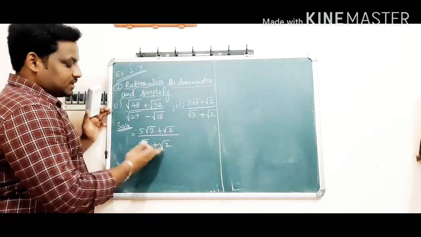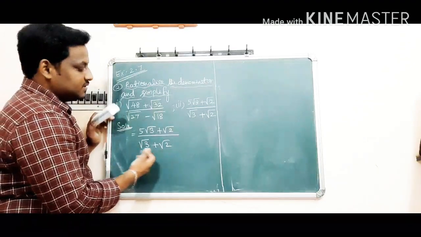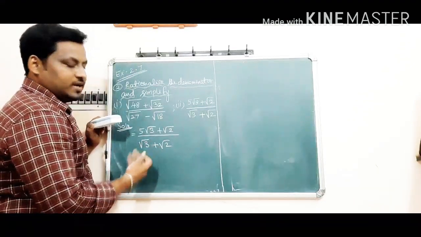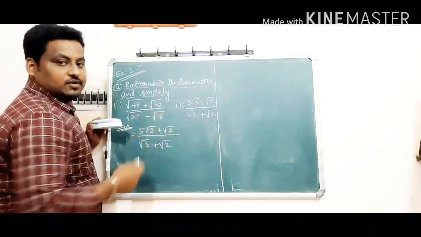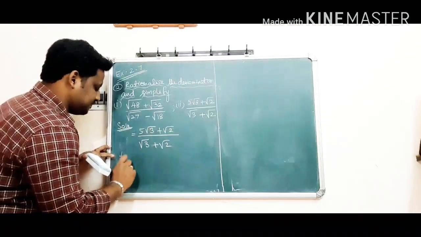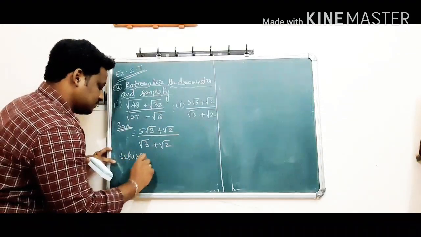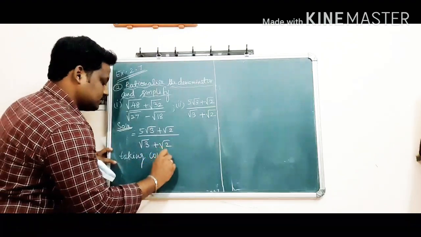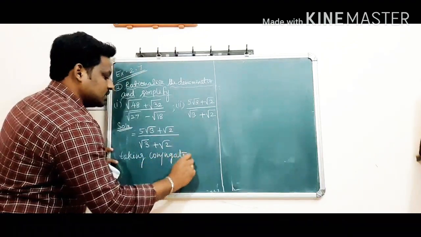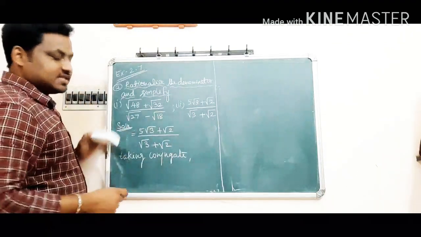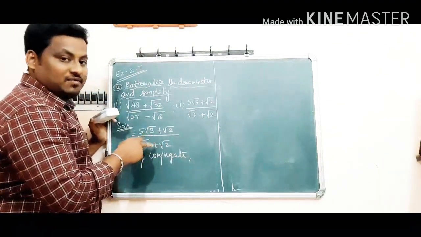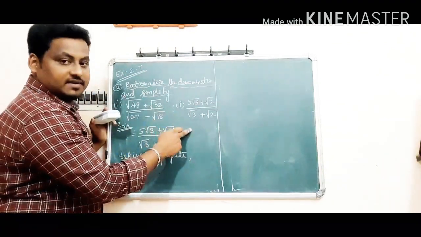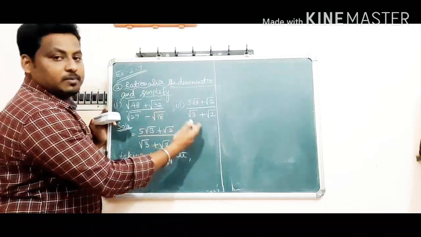So here the given values are already small numbers only, so no need to split the term. So directly you can take the conjugate. Conjugate means, as I already told you, if it is plus you have to multiply with minus. If it is minus you have to multiply with plus.